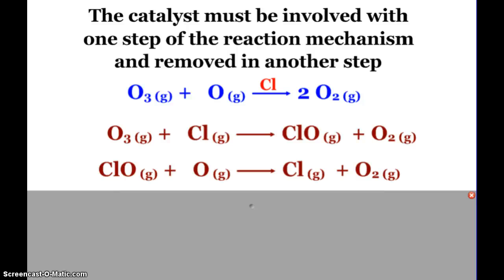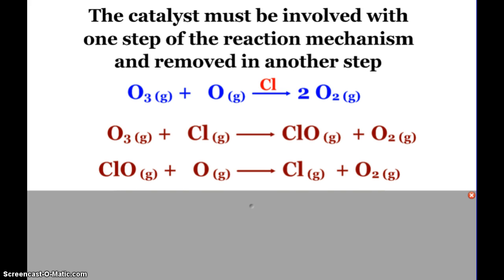And when that happens, we get two oxygen molecules. And the catalyst to speed this up is chlorine. And this is what's happening up in our ozone layer. When we introduce chlorine, courtesy of our chlorofluorocarbons, it speeds up the breaking down of ozone. We don't want our ozone layer to disappear. But you can see how this is happening.